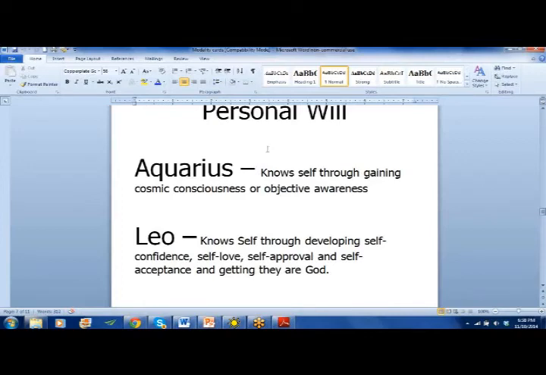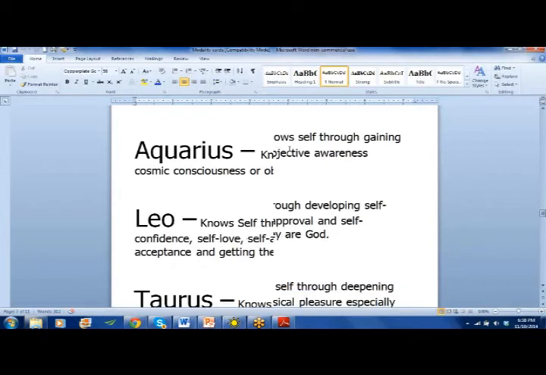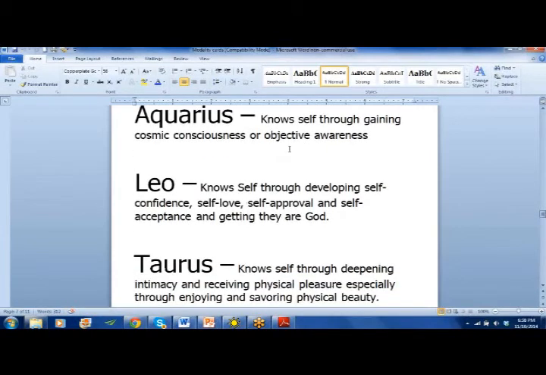Aquarius knows self through gaining cosmic consciousness or objective awareness, and is all about the experience of consciousness for its own sake. So if we're going to add in, that is a phrase that we've been adding in the last couple of years or so.